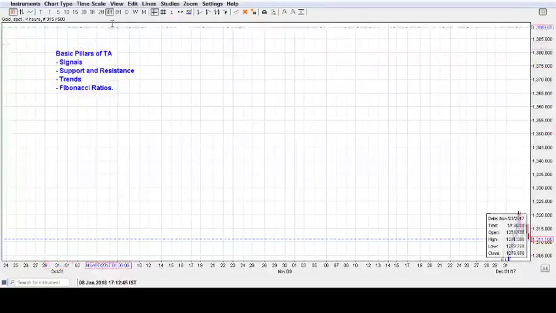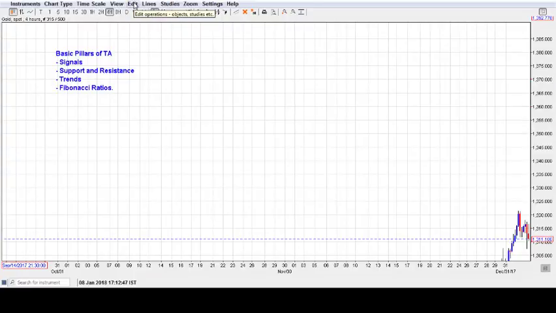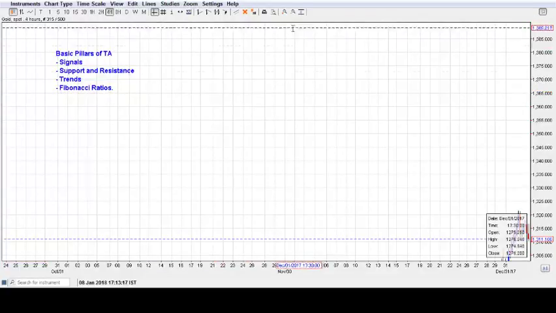Support and resistance. The main point that you need to remember on the support and resistance topic was that if a rising market, that's what you're seeing, you would want to focus on supports, while on a dropping market where you're seeing lower lows and lower highs, you would want to focus on the resistances.